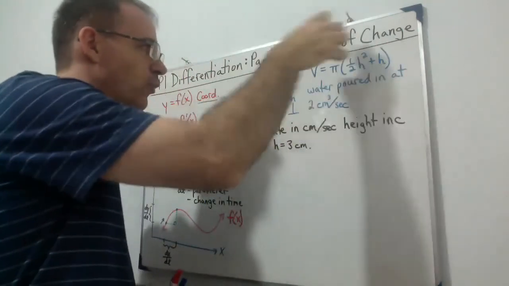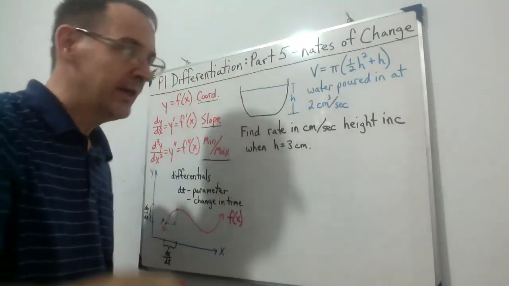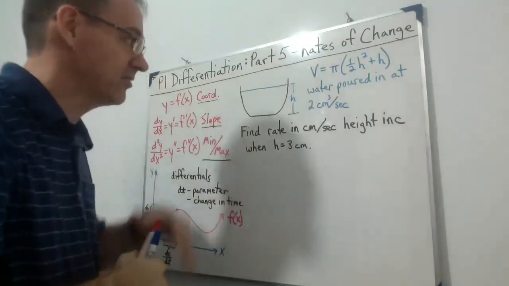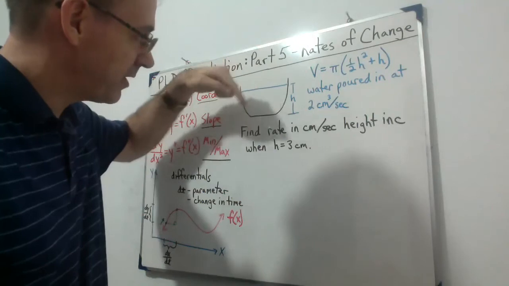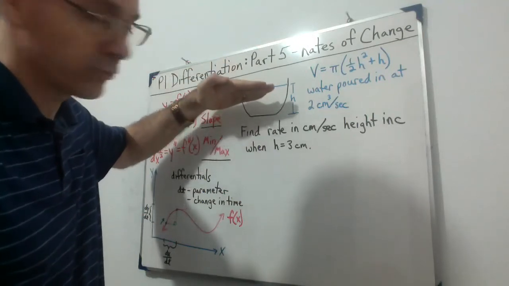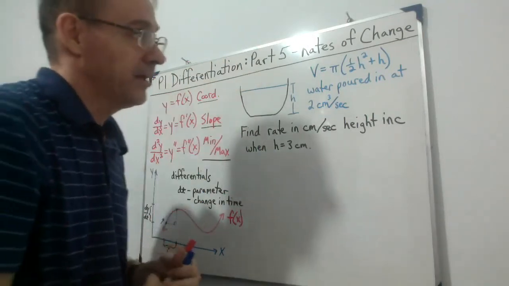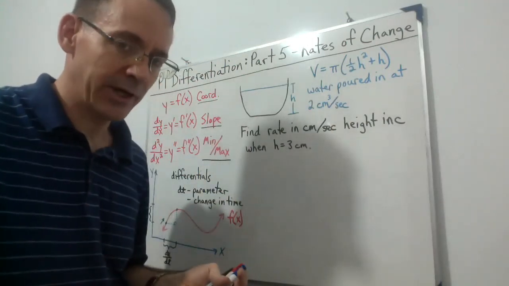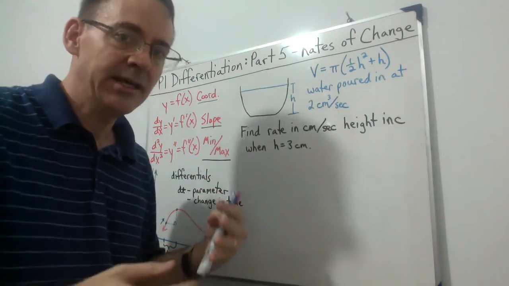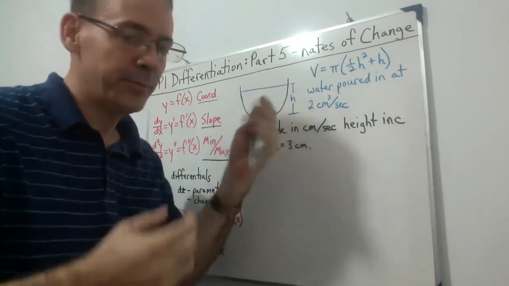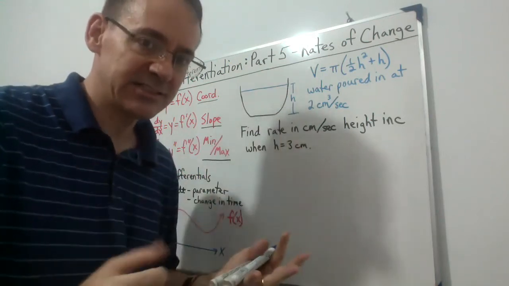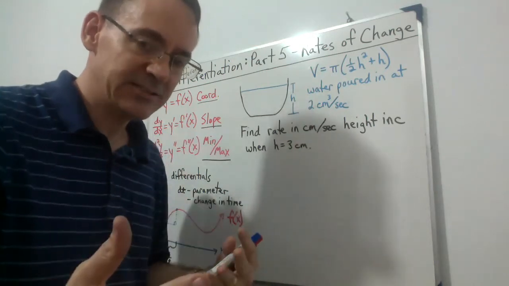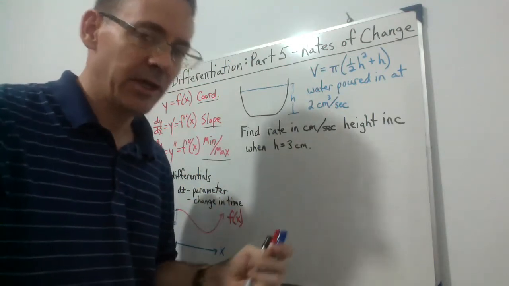So you're pouring water into this bowl, and as it fills up the bowl, the water level rises. It doesn't actually tell you which variable you're dealing with, but you need to pay attention to water being poured in. Is that a linear concept? Is it an area concept? Or is it a volume concept?